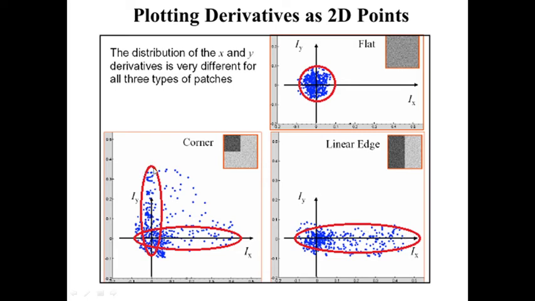But coming to here, where I have found a corner, right, because this is the mask, so this mask I have placed at a corner. Okay, so here the gradients along the x direction as well as the y direction are higher. That means eigenvalue lambda 1 and eigenvalue lambda 2 both are higher for a corner case.